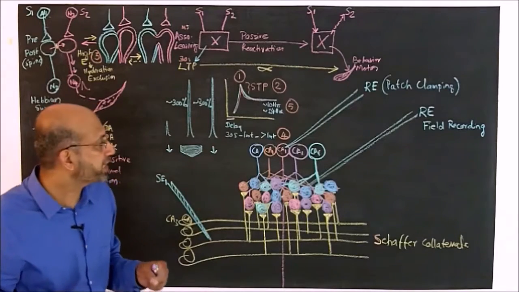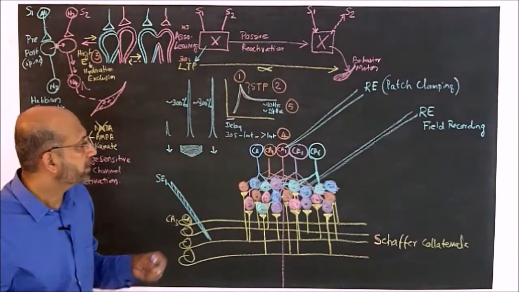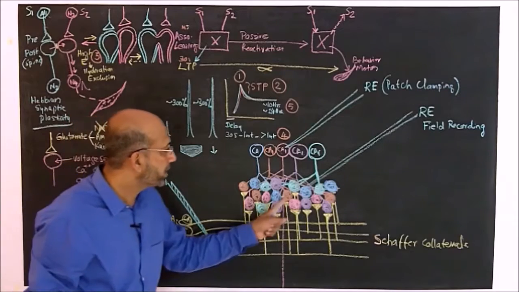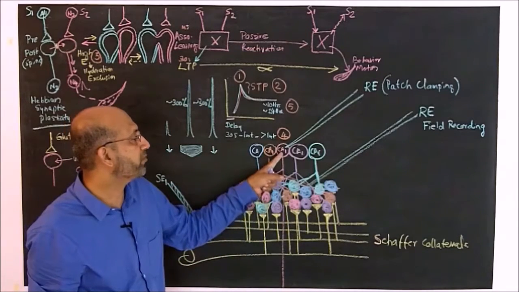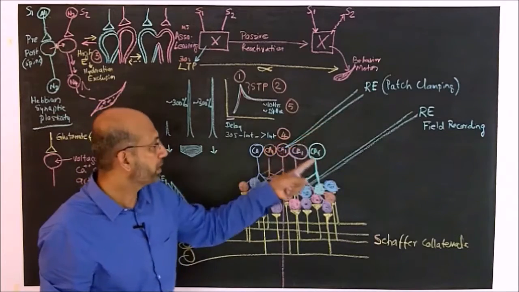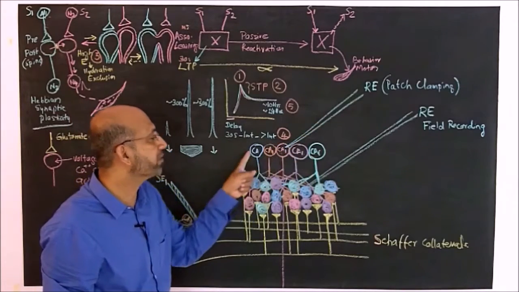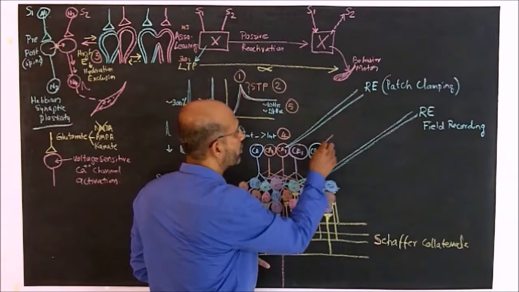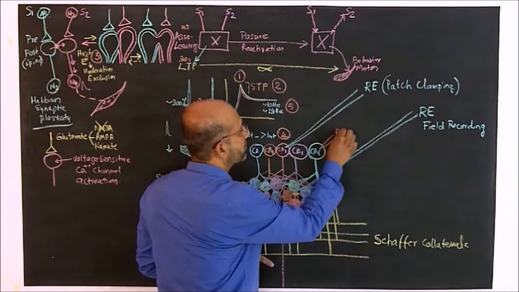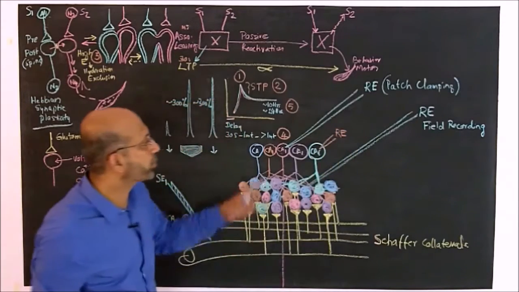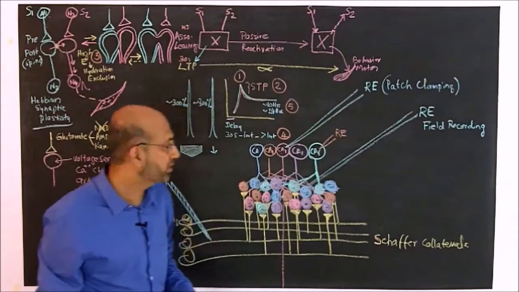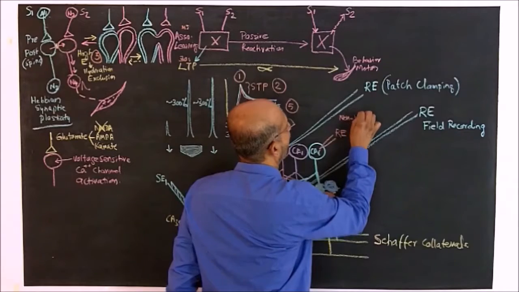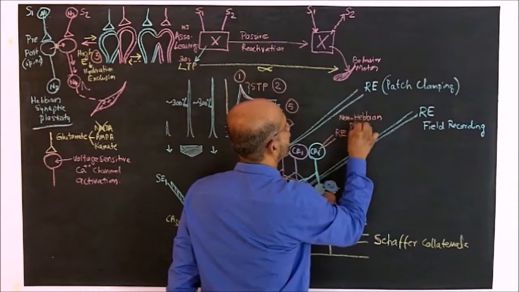Now investigators have found that after inducing LTP, the potentiated effect can be recorded not only from this CA1 neuron but also from adjacent CA1 neurons. If we put an electrode and record, we can find potentiated effect from neighboring CA1 neurons. This was thought to be caused by non-Hebbian plasticity changes.